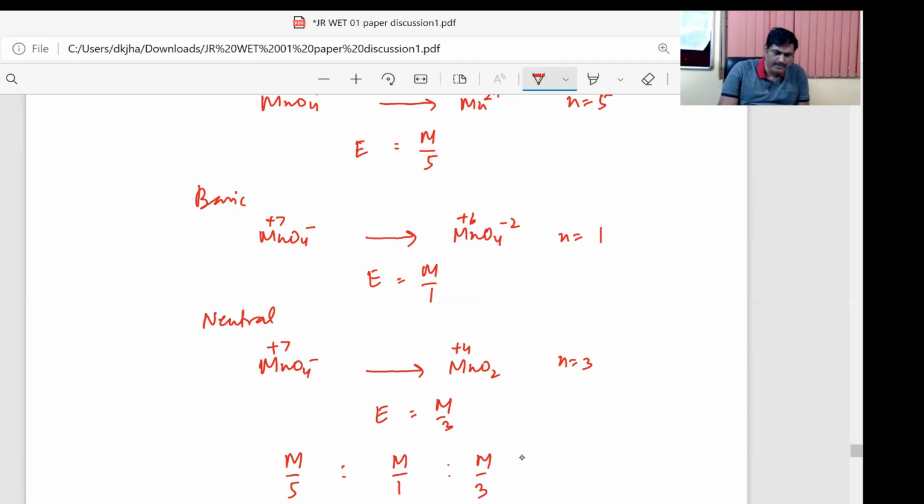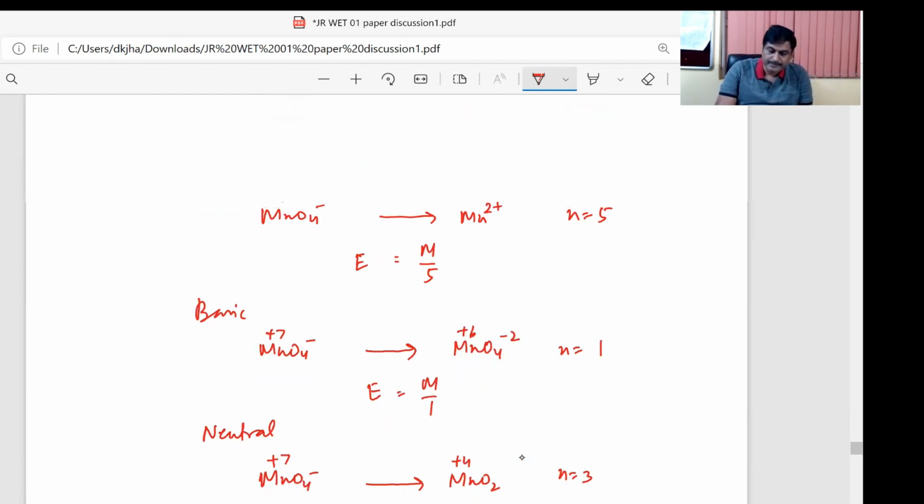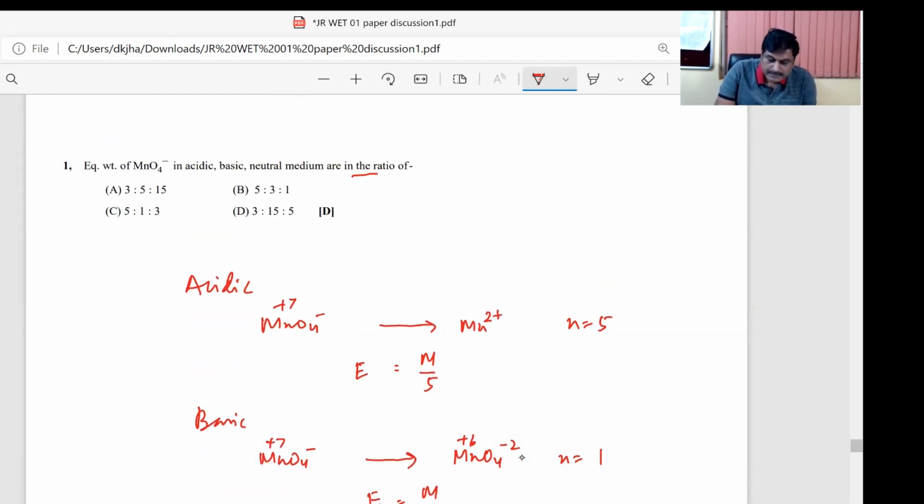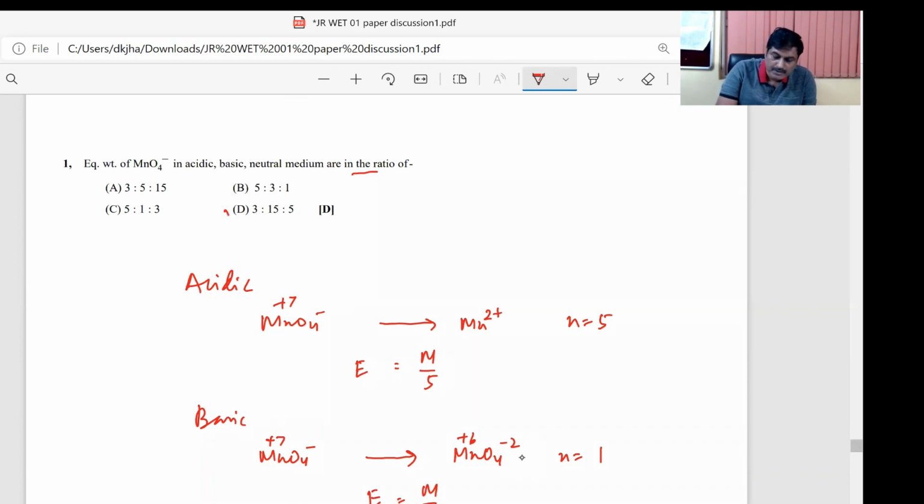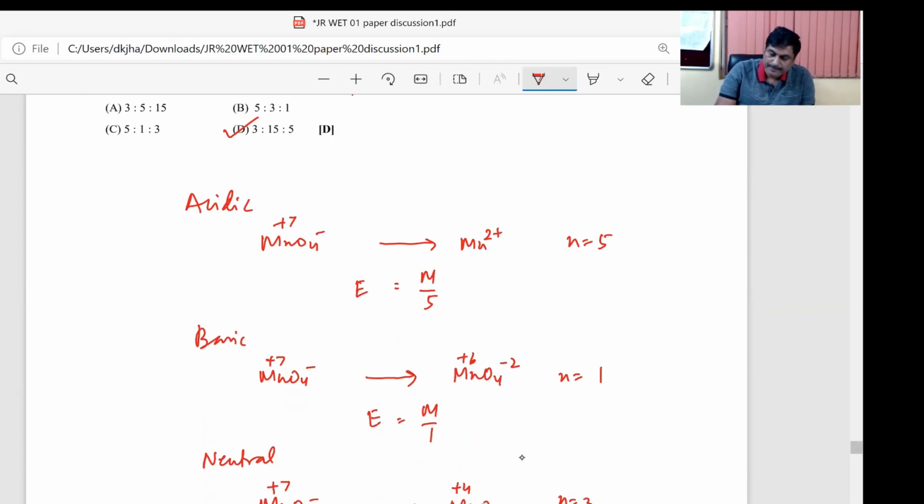You take the common multiple, so we just multiply by 15. 5 times 3 is 15, into 15. What we get? So we are getting 3 is to 15 is to 5.